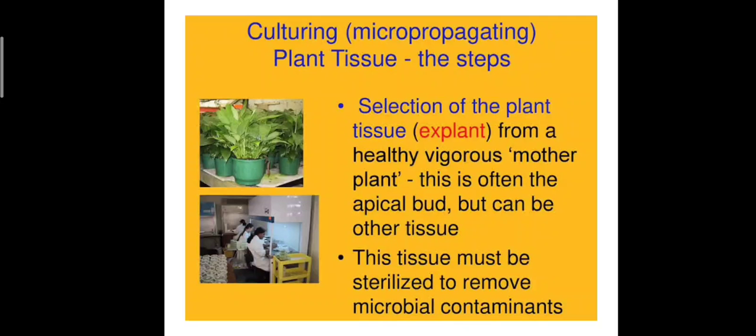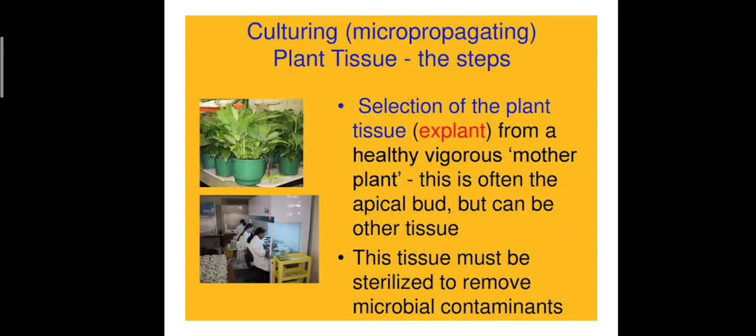So in this step, we treat these explants with different detergents, fungicides, or other sterilants, and finally we sterilize them with mercuric chloride, or in some cases with sodium hypochlorite also. Okay, so the second sub step is the sterilization of explant.